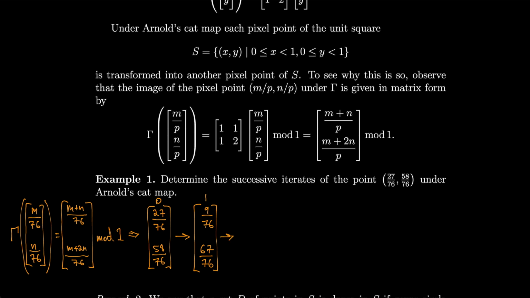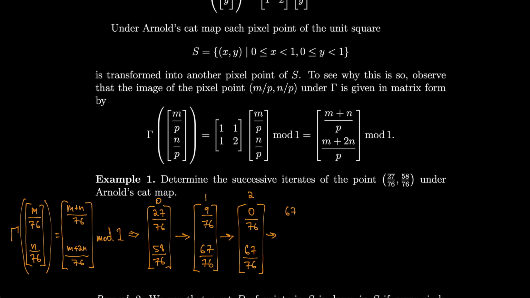So we'll take 9 plus 67, and that actually fits exactly into 76, so it'll be 0 over 76. And then 9 plus 2 times 67 gives us a remainder of 67 over 76. Okay, so that's our second iterate, and then let's keep going. So let's get the third.